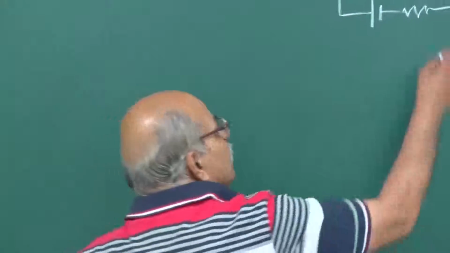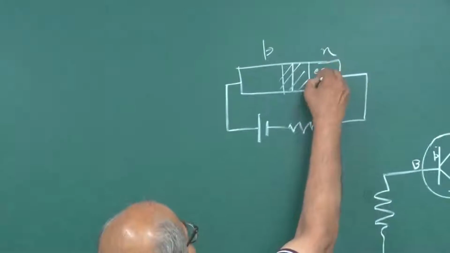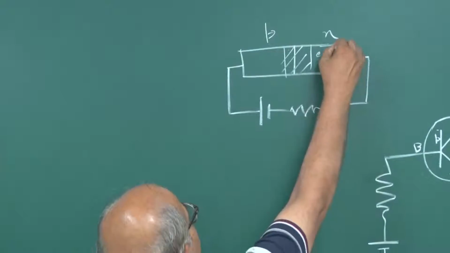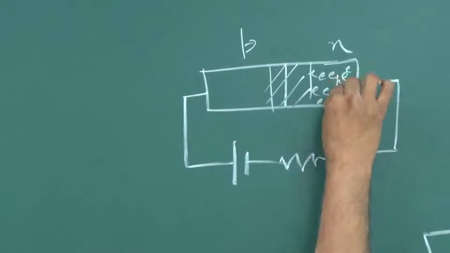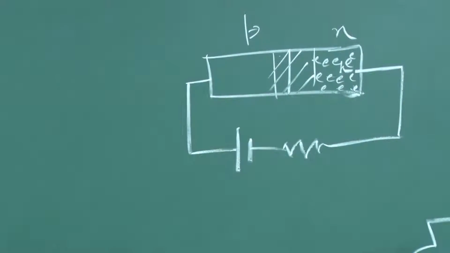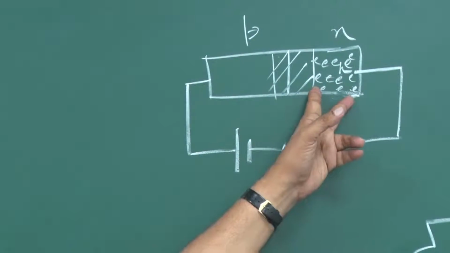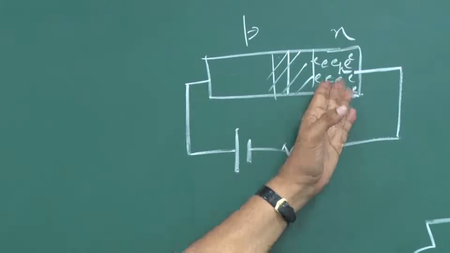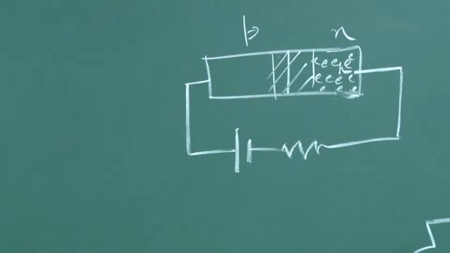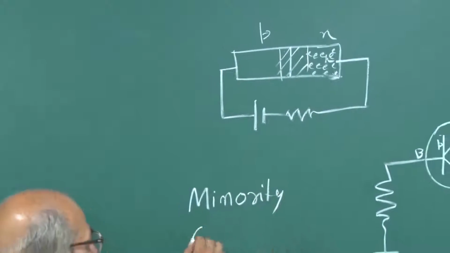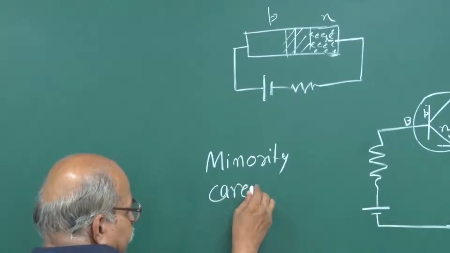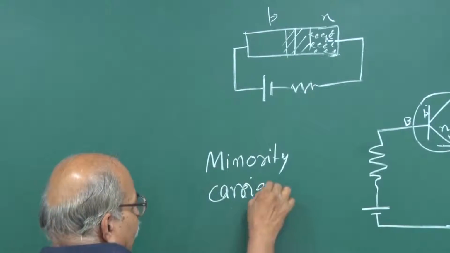Okay? So, if you have a large number of free electrons, conduction electrons here, small number of holes. So, the majority carriers, once that barrier is reduced, they diffuse to this side, which we call minority carrier injection.